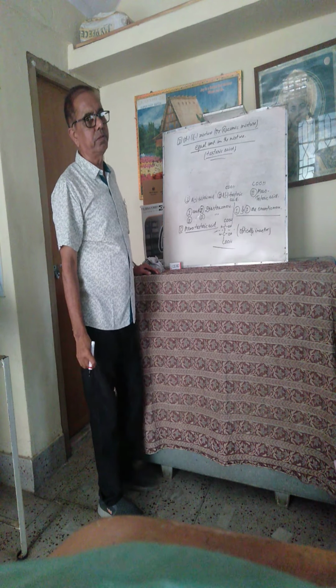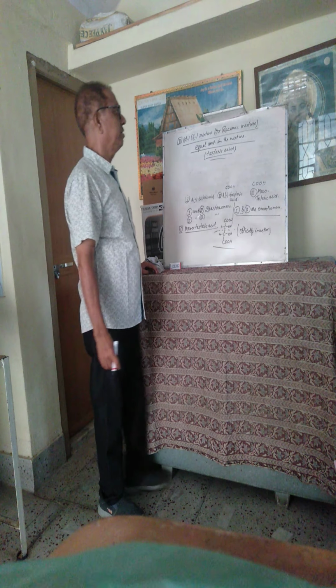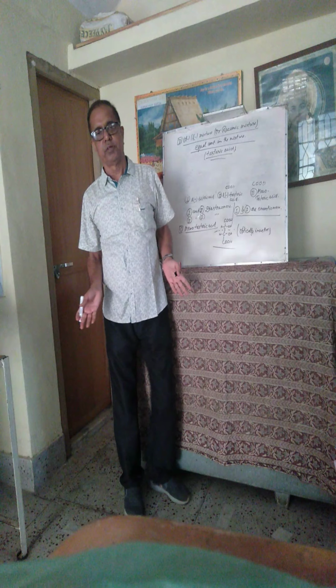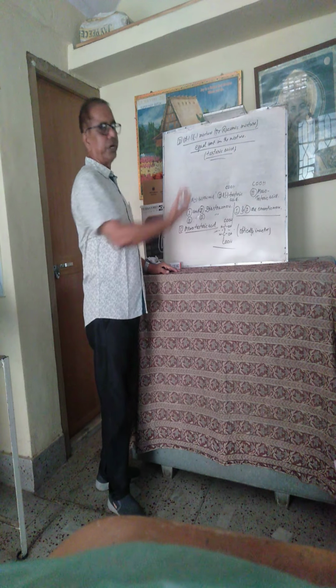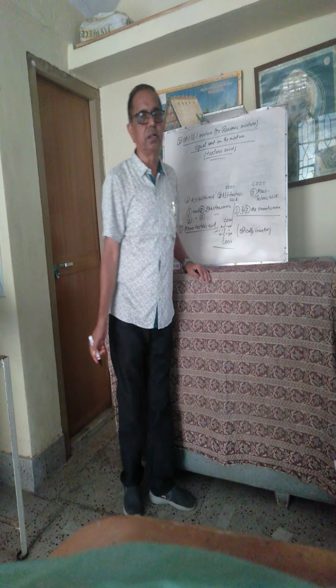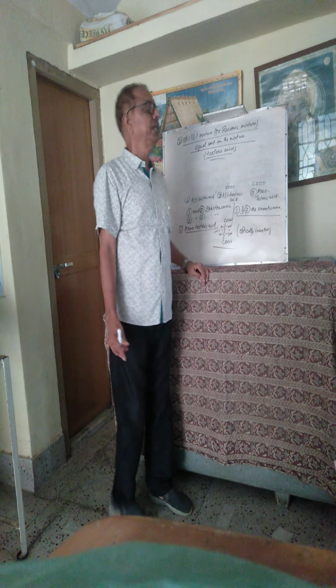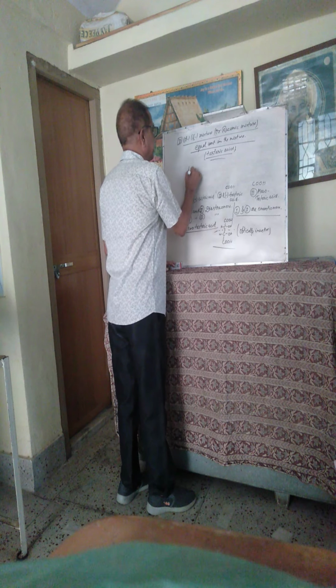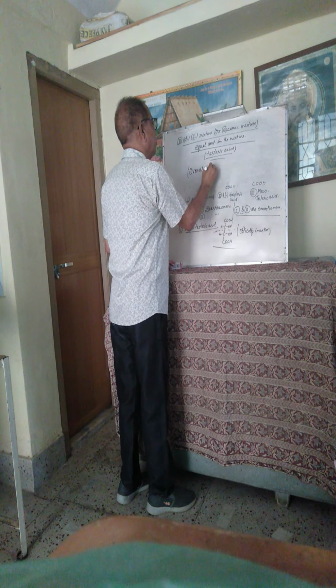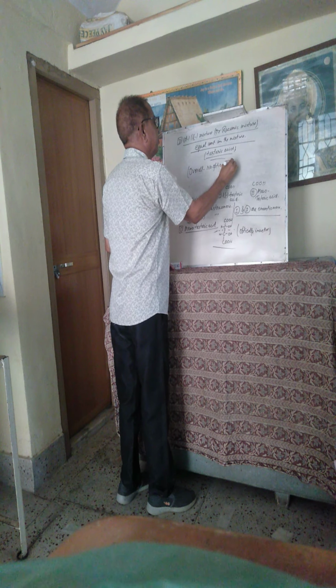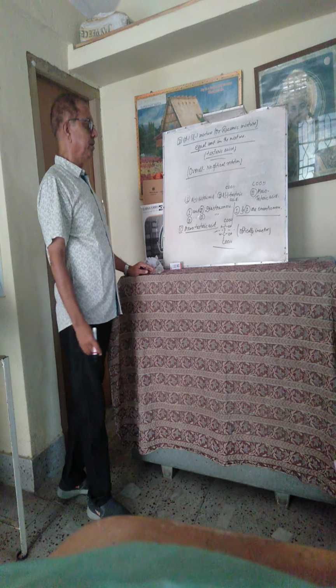Hence, if we see experimentally, we will find there is no rotation. Why? Because 50% of the compound is dextrorotatory and the other 50% is levorotatory. Hence, overall there will be no optical rotation. This type of compound is called a racemic mixture.